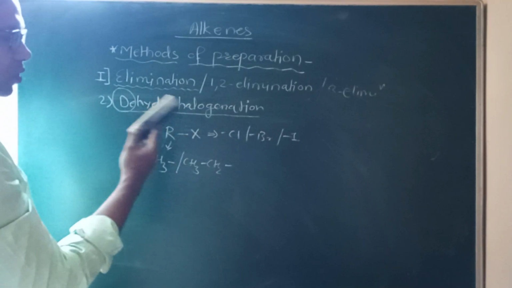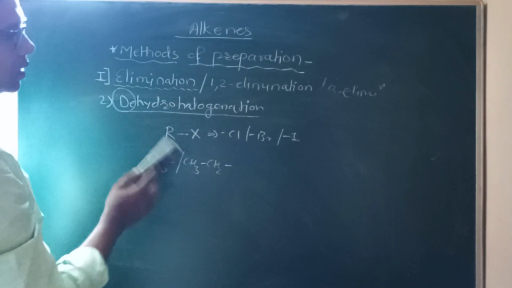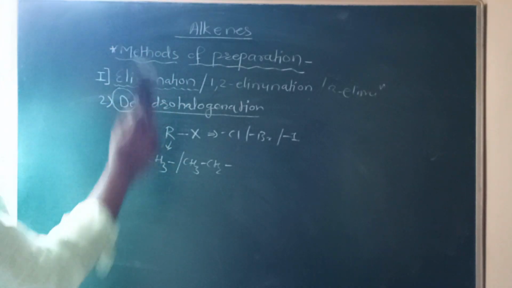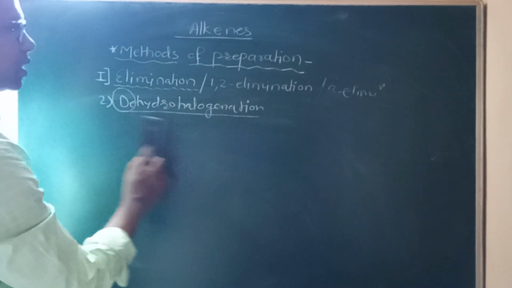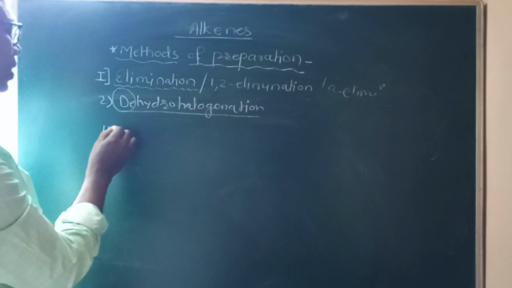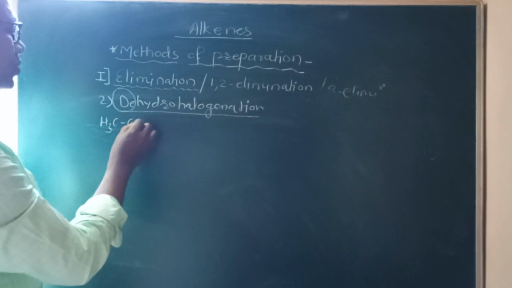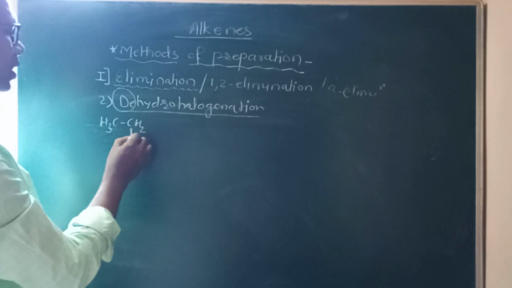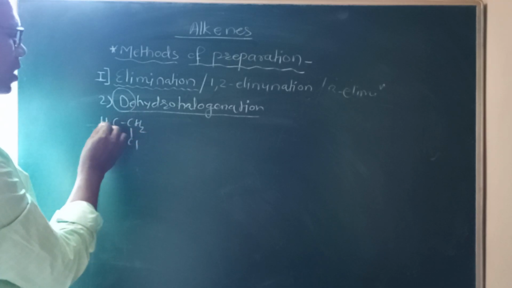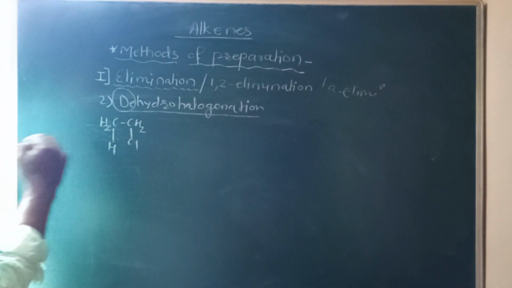So RX is going to be our reactant, and if you carry out this dehydrohalogenation of RX, it is going to give us our desired compound, that is alkene. Let's take an example: CH3CH2Cl.